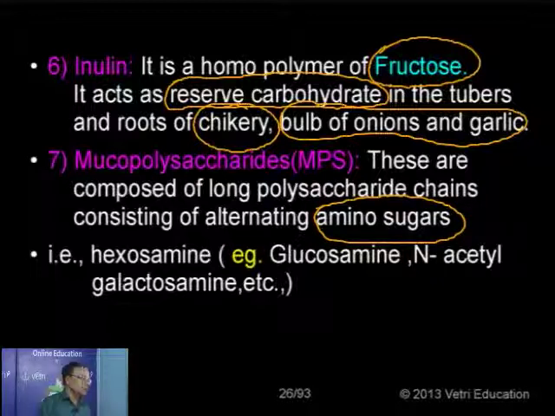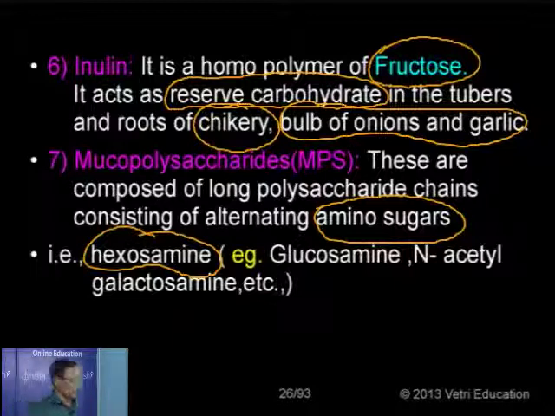It is not only formed of the polysaccharide, that is the sugar units, but also some other units, nothing but the amino sugars, alternating with the normal sugars. The best example is hexosamine. This is a common name used for the mucopolysaccharide component. We have specific names also.